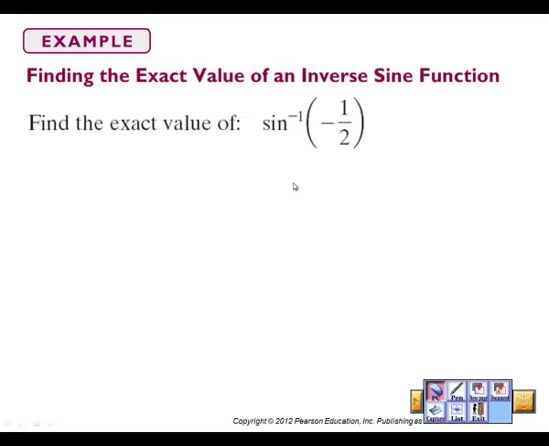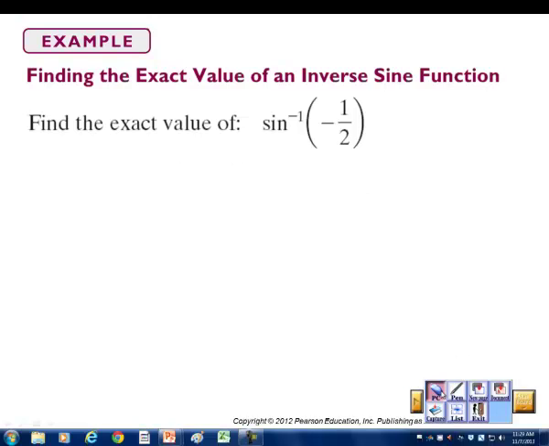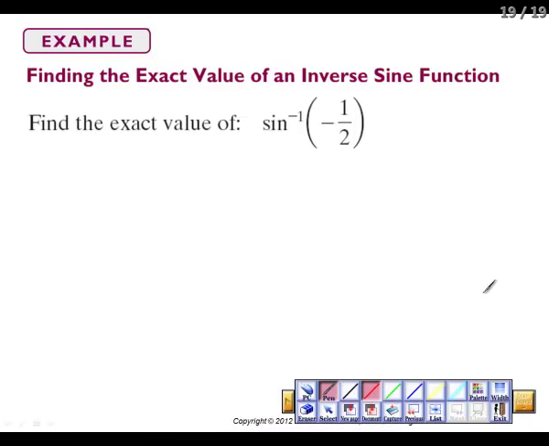Okay, find the exact value of the inverse sine function. Alright, we know that for -1/2, we have to look at our domain, which has to be in our range for inverse sine.